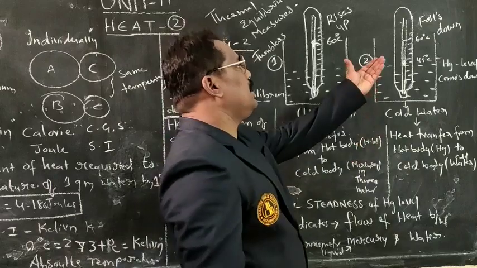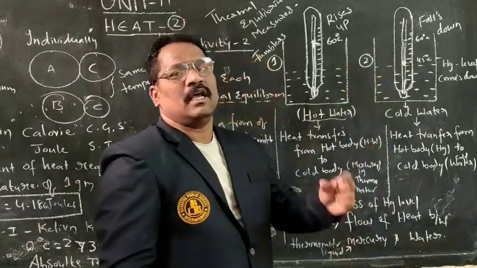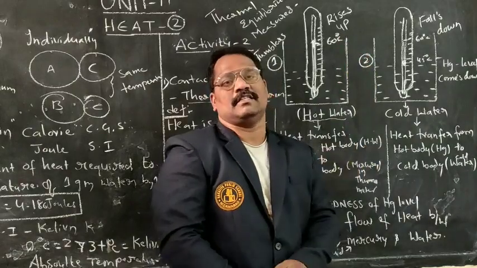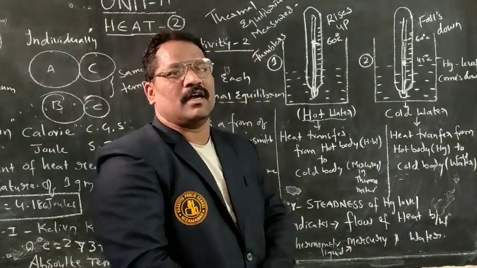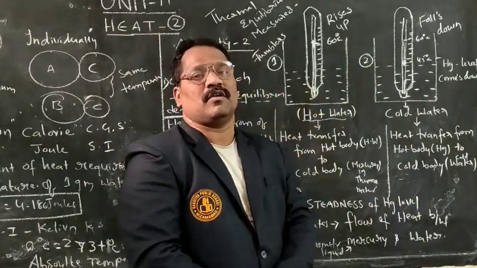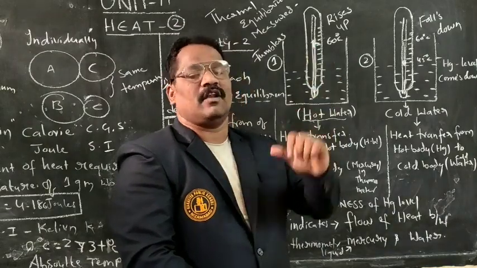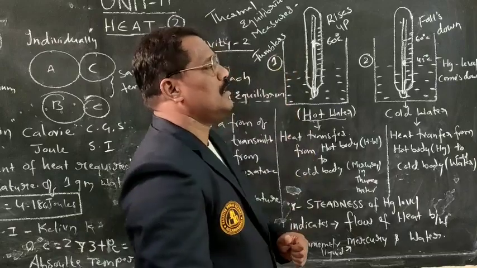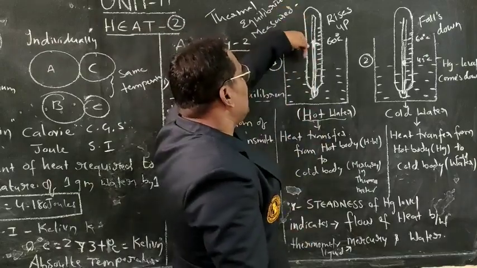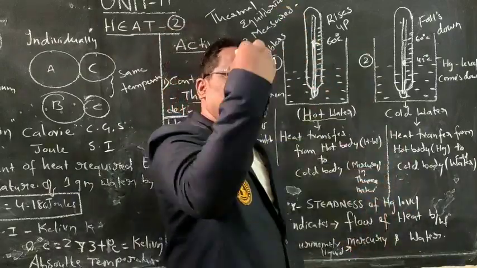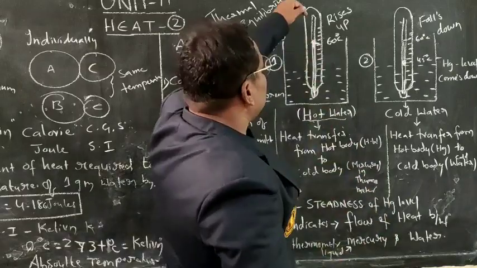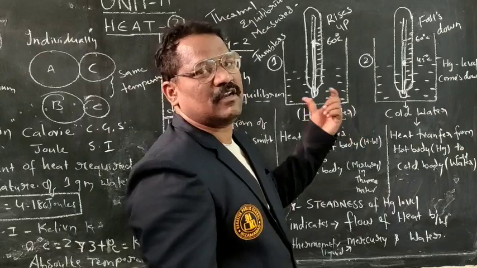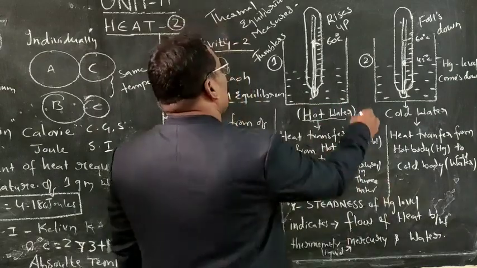To measure the temperature of these two waters, I have taken a thermometer on which the Celsius scale exists. We know that a thermometer works upon the principle of expansion of mercury level. Take the thermometer, jerk it nicely, and place it in hot water for a certain time interval and note down the reading.